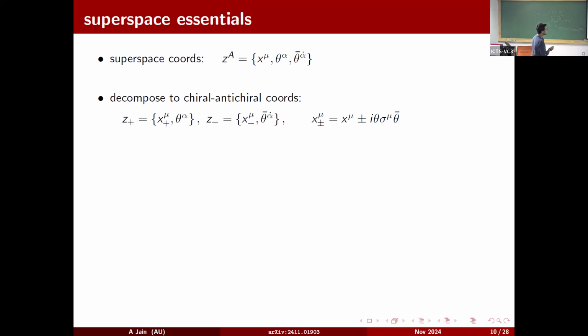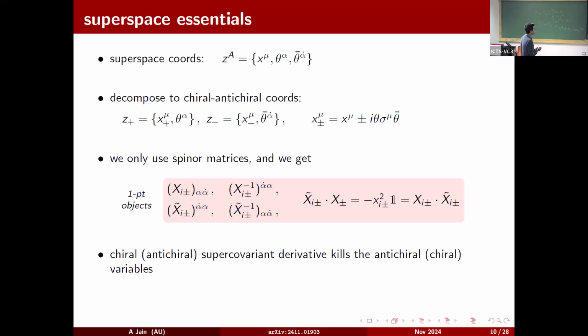So we use this combination to write down the chiral and antichiral coordinates, and we only use spinor matrices. We'll not be working with vector indices at all. We'll change everything to spinor indices, and of course, again, the tilded ones contain the sigma tildes, and the untilded ones contain the sigmas. Using these, we can write down these two.